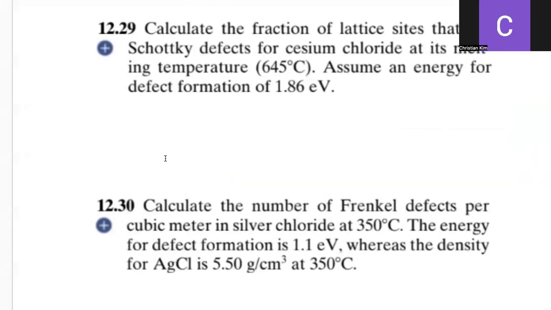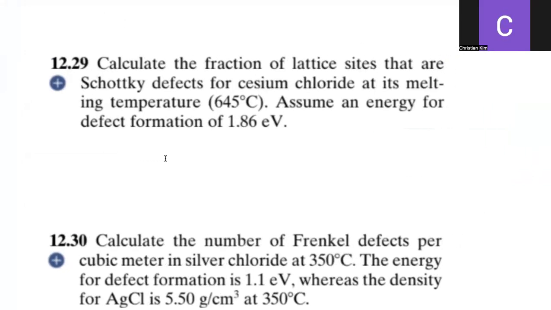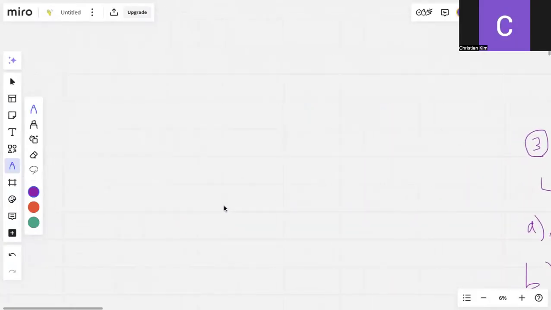So the next one we should cover is 12.29. Calculate the fraction of lattice sites that are Schottky defects for cesium chloride at its melting temperature, 645 degrees Celsius. Assume an energy for defect formation of 1.86 electron volts. Okay, so let's just go to our equation over here.